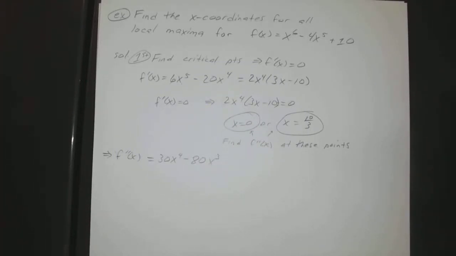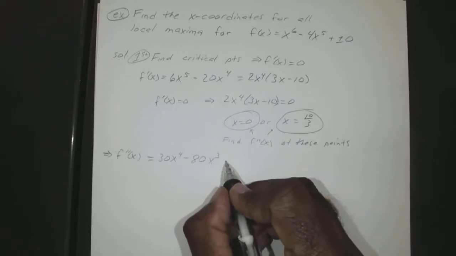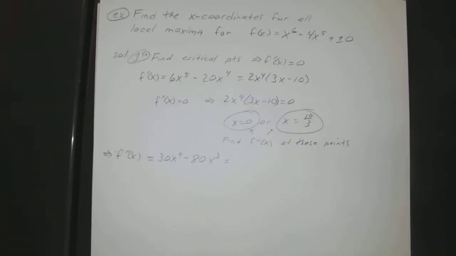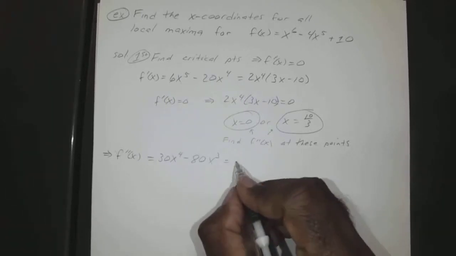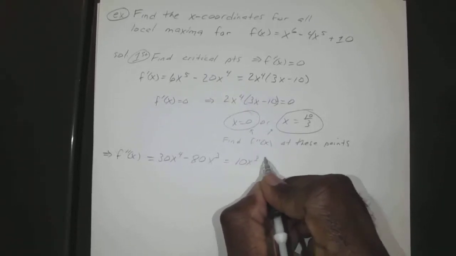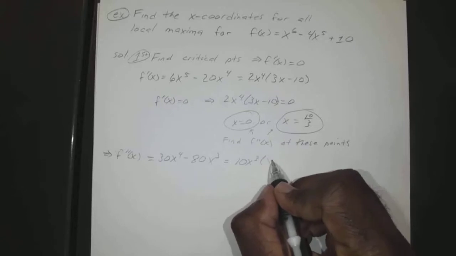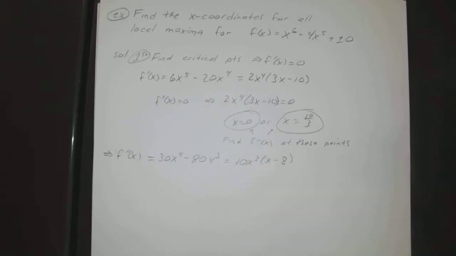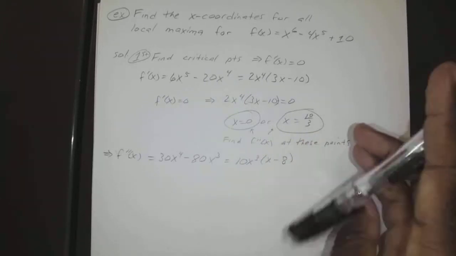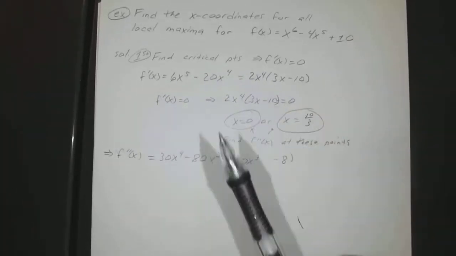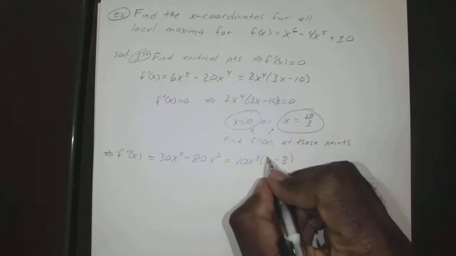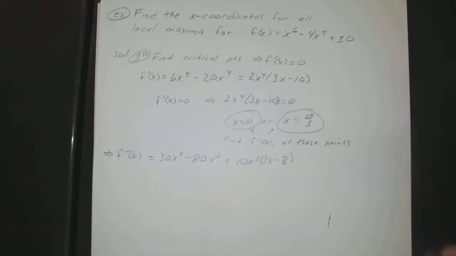Nope, I didn't factor that one. Oh, might as well factor it now. So we can pull a 10 out of both of those. So that would be x minus 8. Would it be 3x? Oh, 3x, thank you. Yep, 3x minus 8.